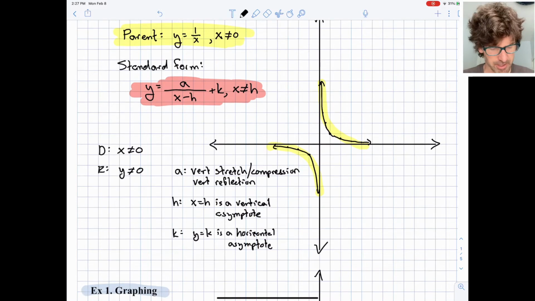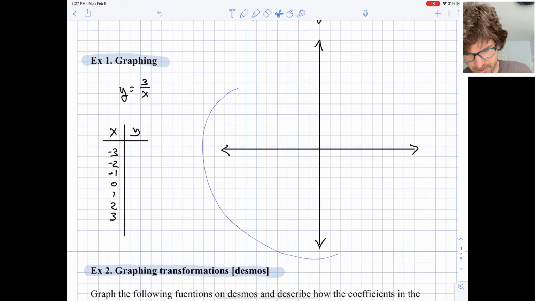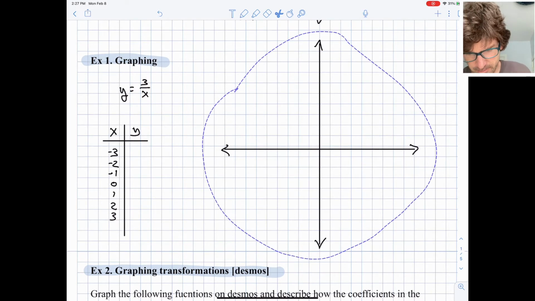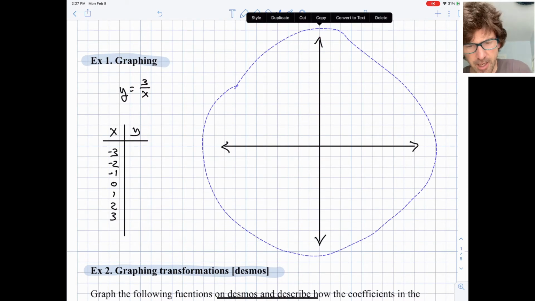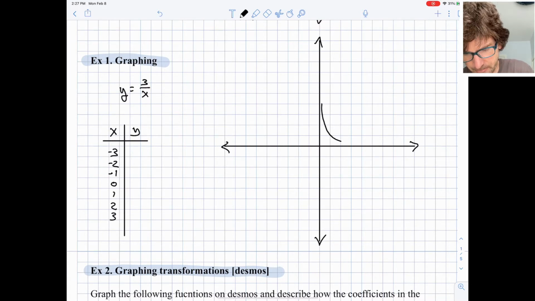Let's look at some examples here. So for graphing, let's do a graph of y equals 3 over x. Let me just adjust my axes real quick. As you get familiar with these, you won't need to graph the parent function, but I think it's often valuable to graph the parent function y equals 1 over x, something that looks like that.